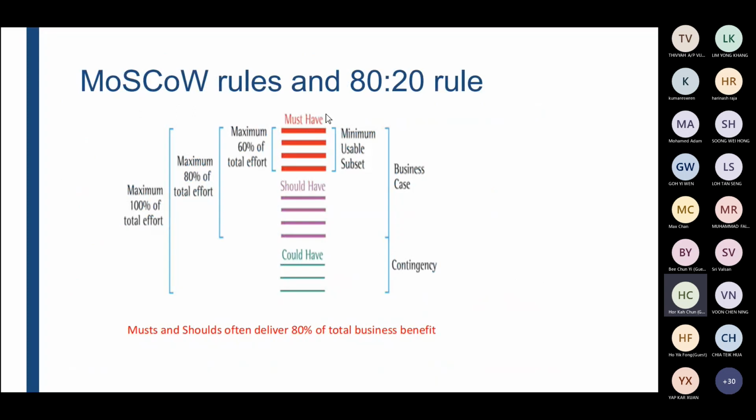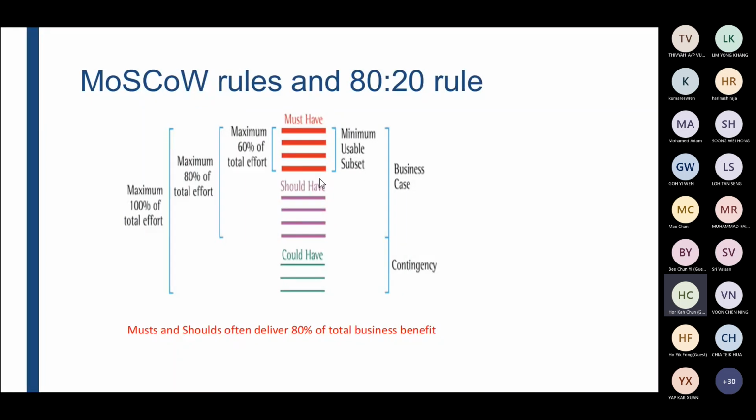So we can focus 80% of our effort, if possible, into this 20% minimum usable subset. We take 80% of our effort and apply it to this 20% must-have subset.